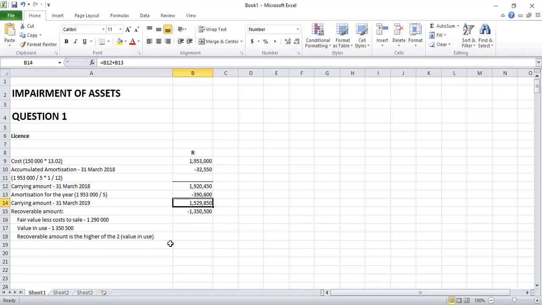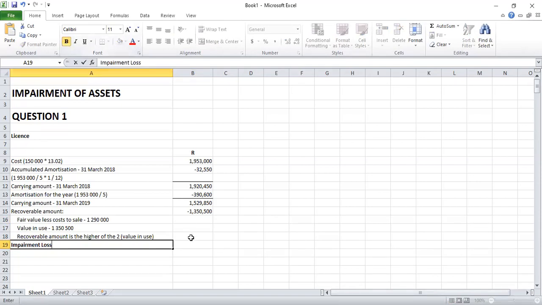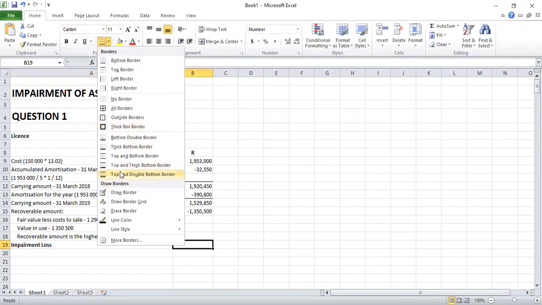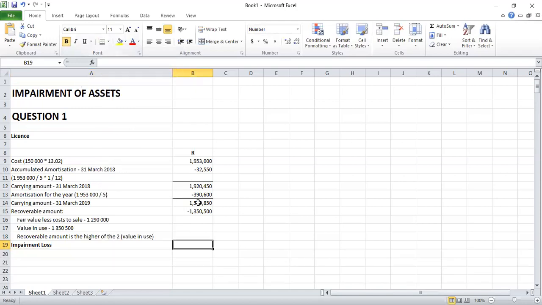So the impairment loss will be the difference between the carrying amount and the recoverable amount. Right. So it will be 179,350.